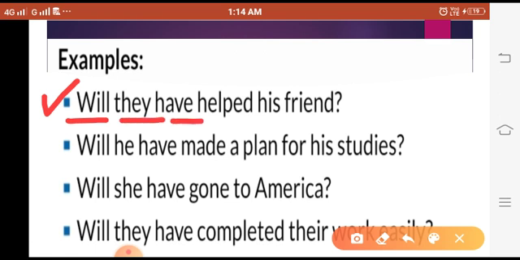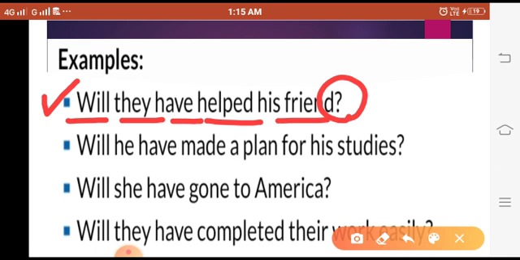Have, using have is a compulsion here in future perfect tense. Helped is the third form of the verb help. His friend is an object here, and the question mark is used here to indicate that the sentence is an interrogative sentence.